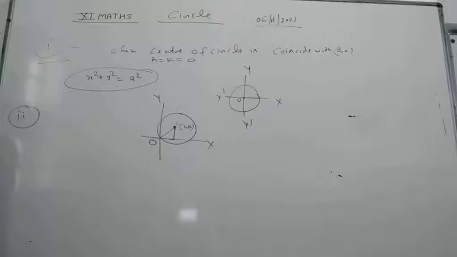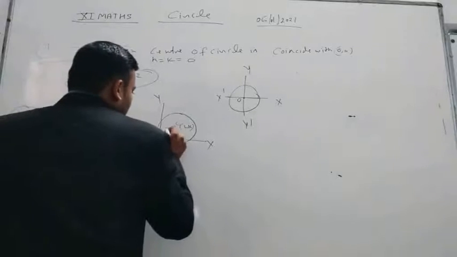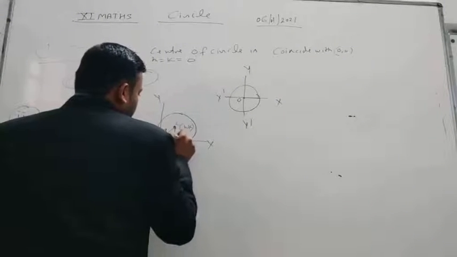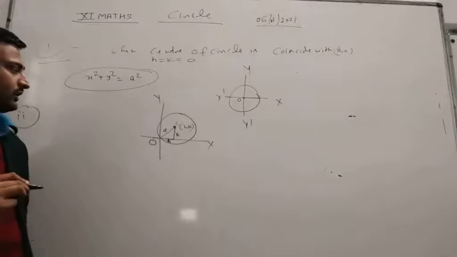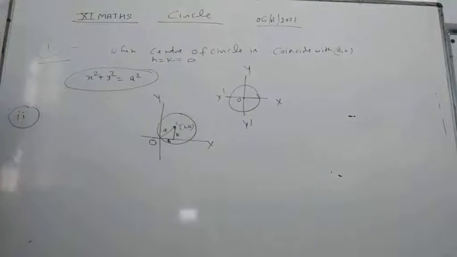So this is radius a, this is k and this is h. Now, in this case, what will the equation of circle be?